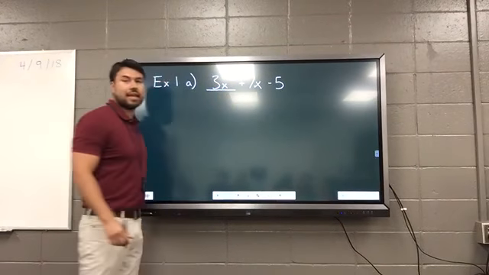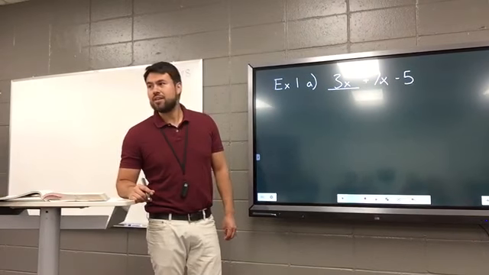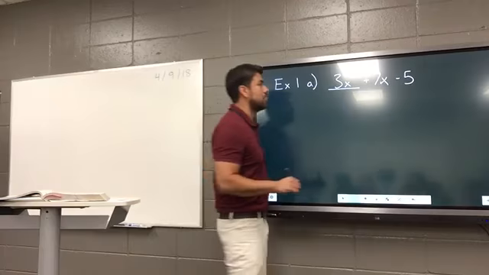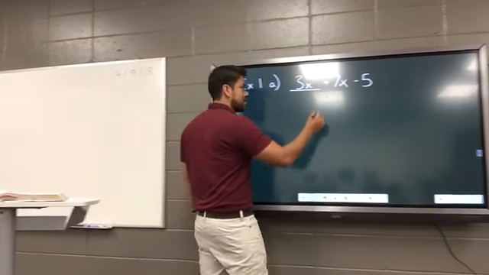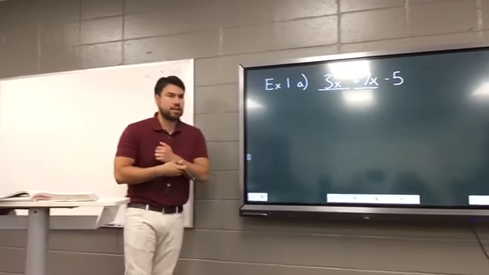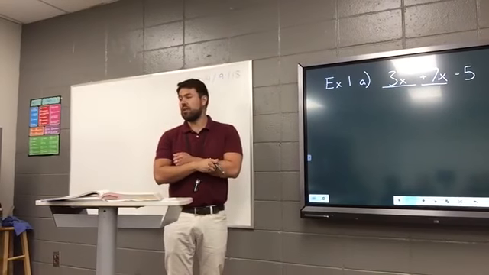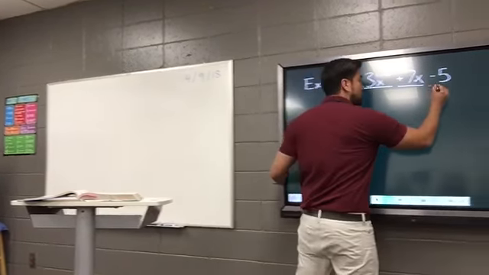Does anyone know what the second monomial is? Not just x, 7x. And I'm going to underline plus 7x or positive 7x. And the third monomial? That's -5.